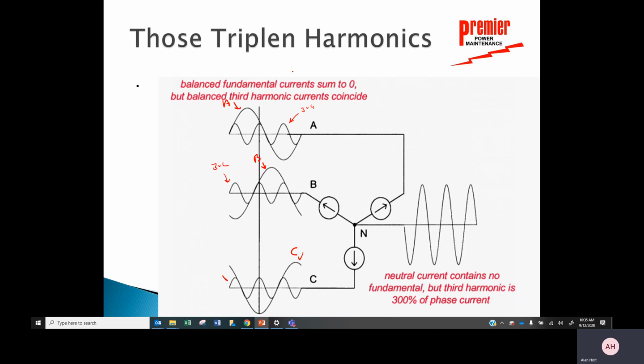If you look, all those waveforms add up. And so even though I have balanced systems, I mean, you understand that if I have a Y connected system, A phase, B phase, C phase, and out here I have it all returning back to the neutral. There's my neutral, my star point, that in theory, this current in the neutral should be 0 amps, because the sum of the currents, all the phases, should be 0.